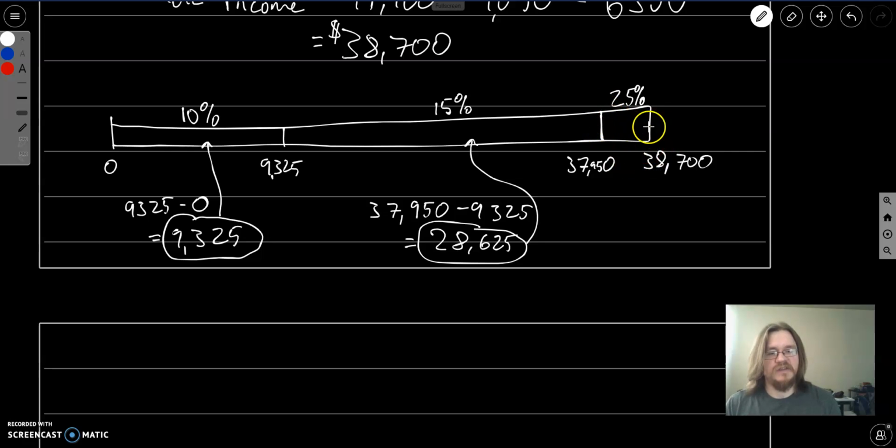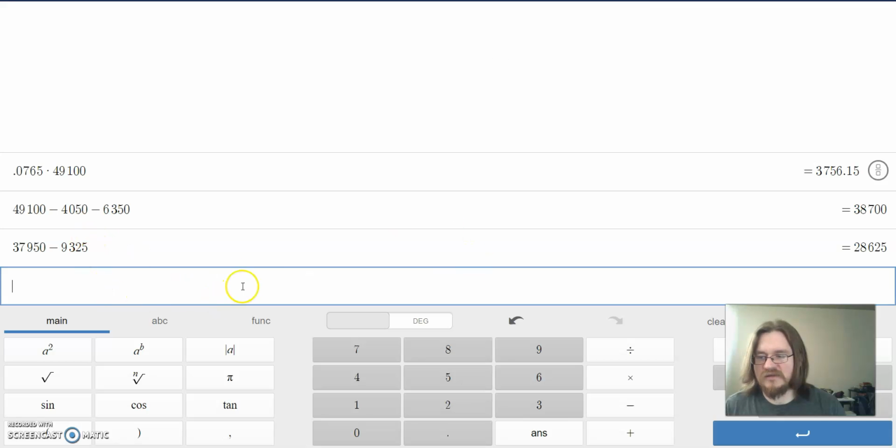And then the last one, there's only a little bit in here. Only a little bit of the money is going to be taxed at 25%. And that's going to be how much fits in there, which is 38,700 minus 37,950. And we can plug this into Desmos.